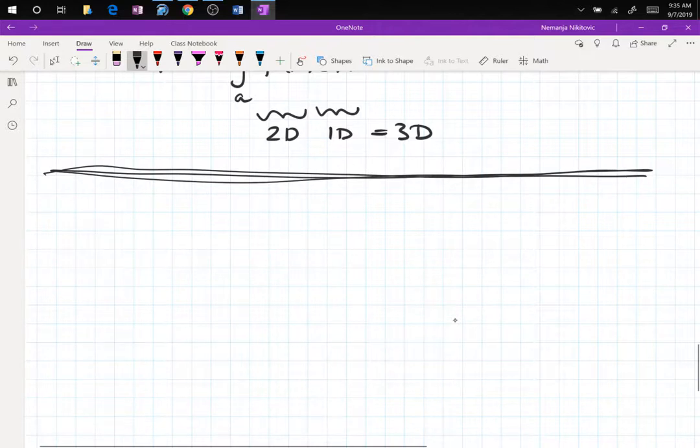So let me just get in here. See that, the blue one? That's the second edition. Your book is third edition, it's green.